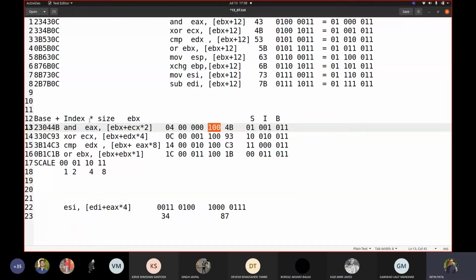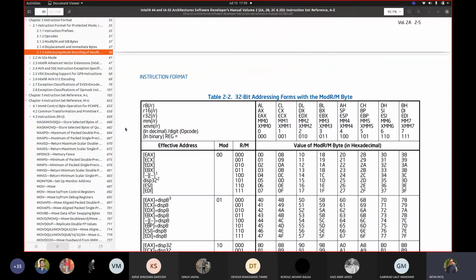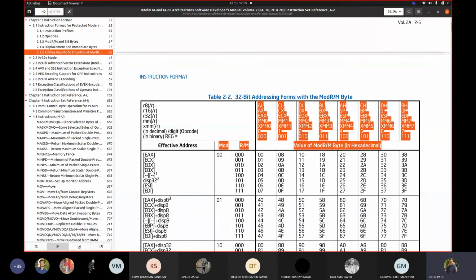With every such case where you have a register included, comma, there is some value which we are going to pick from some memory address. We don't know what exactly it is, but if it is a single register only, then this row would be picked. If it is EAX, then this row of EAX would be picked.